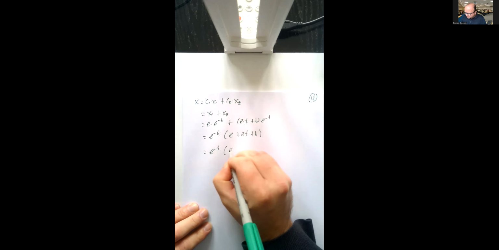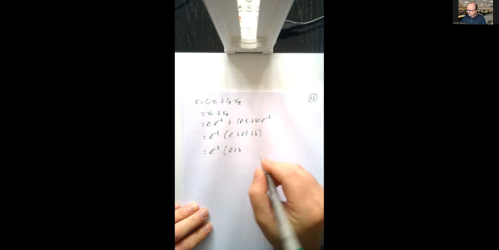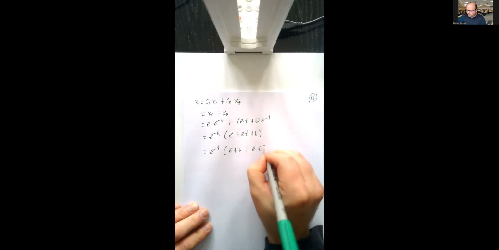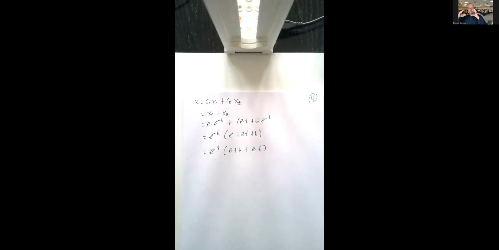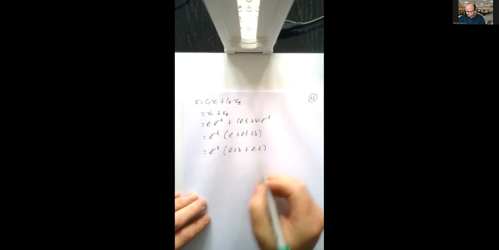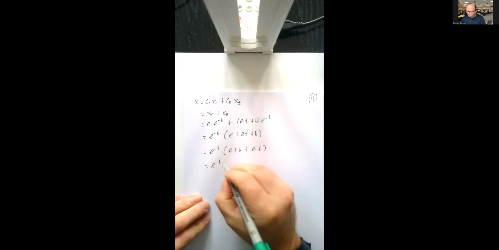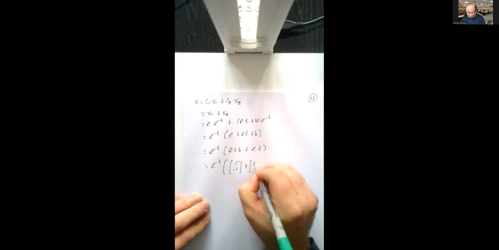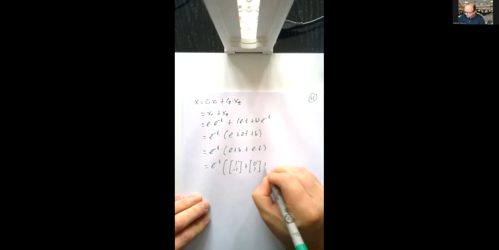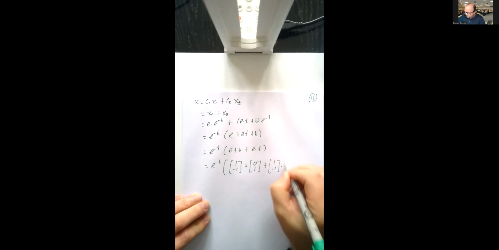Okay, let me do one more step. E plus b plus e times t, just to group the constant terms better together. E to the minus t, and now I have here 1 and minus 1 plus 0 and 1 plus 1 and minus 1 times t.